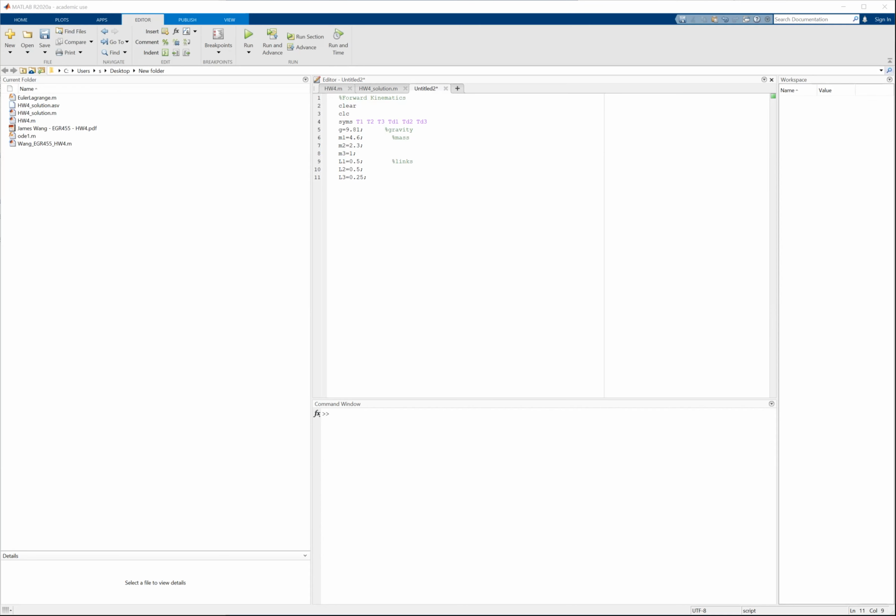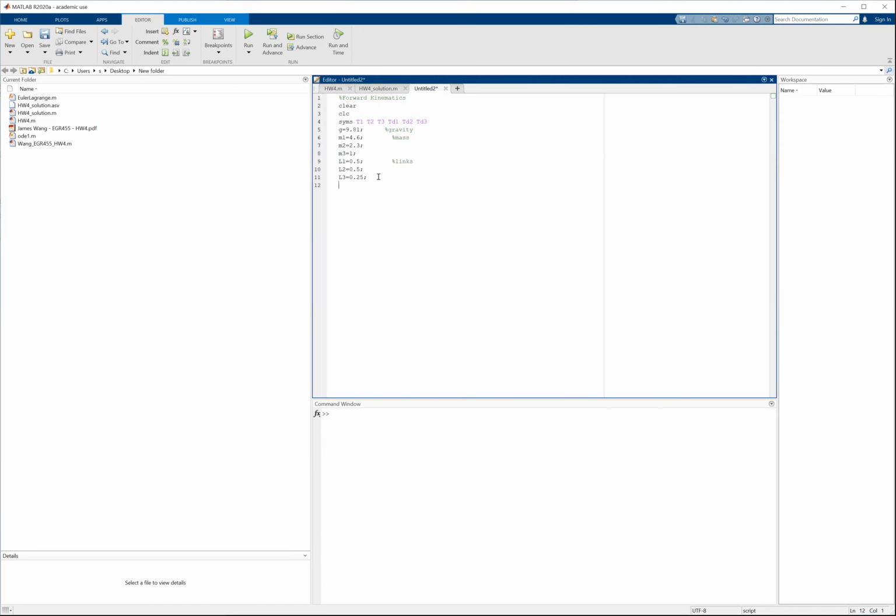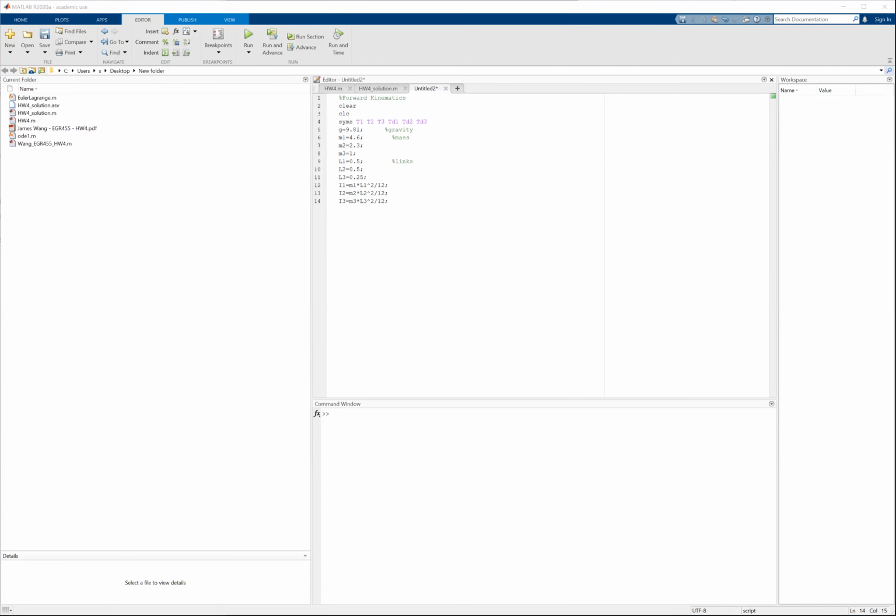Next thing is I'm going to find the moments of inertia around the centroidal axis. So I1 is the moment of inertia of the first mass around its center. I2 is the moment of inertia of the second mass around its center, and I3 is the moment of inertia of the third mass around its center.